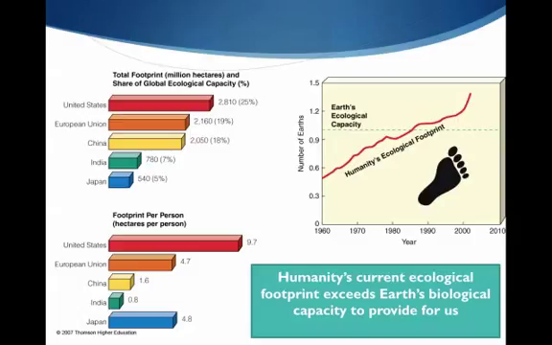So our current ecological footprint exceeds Earth's biological capacity to provide for us. Now, there are ways for us to change that, and we're going to talk about some of those ways in future lessons.